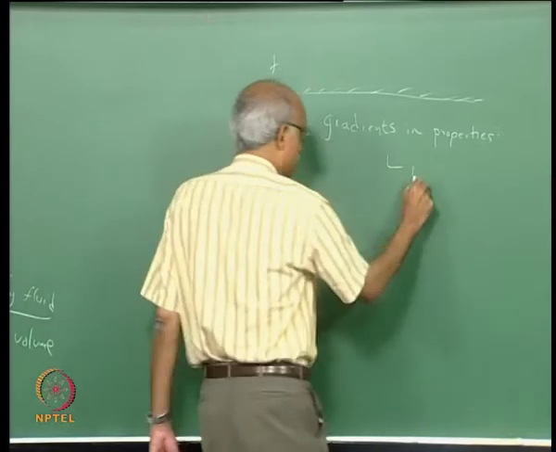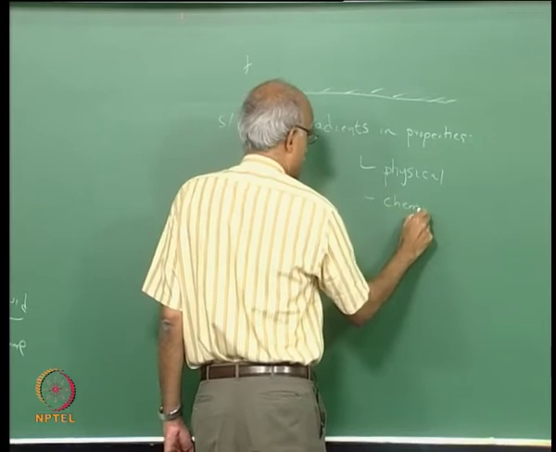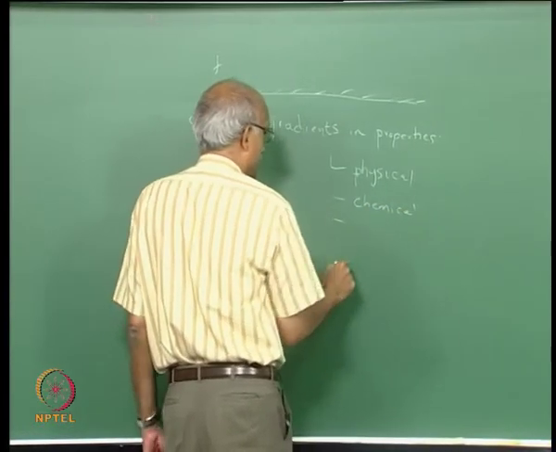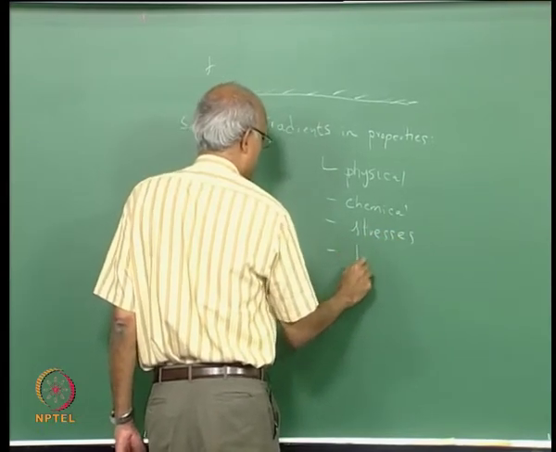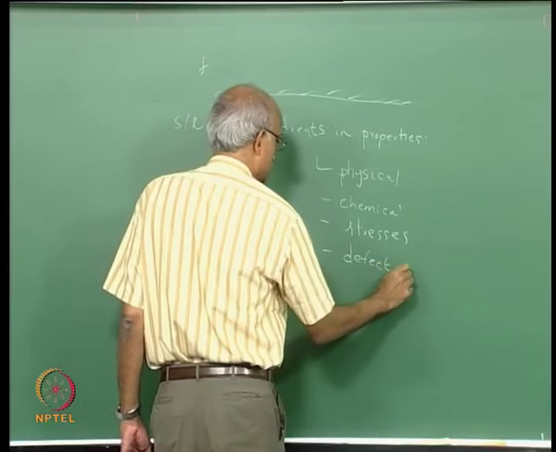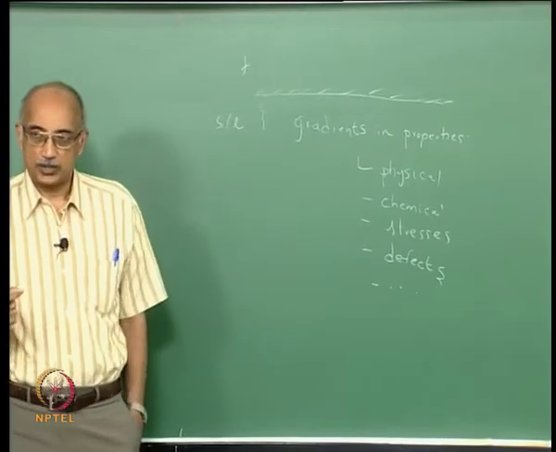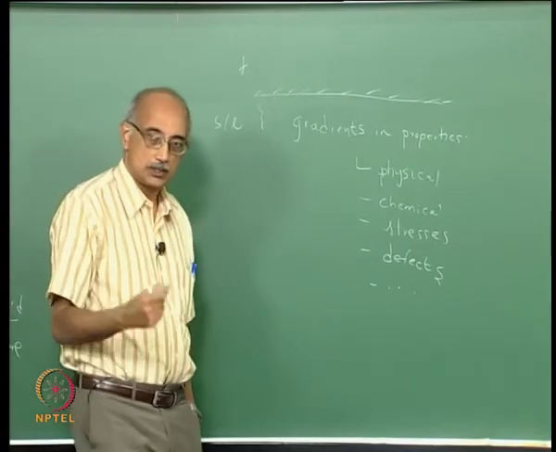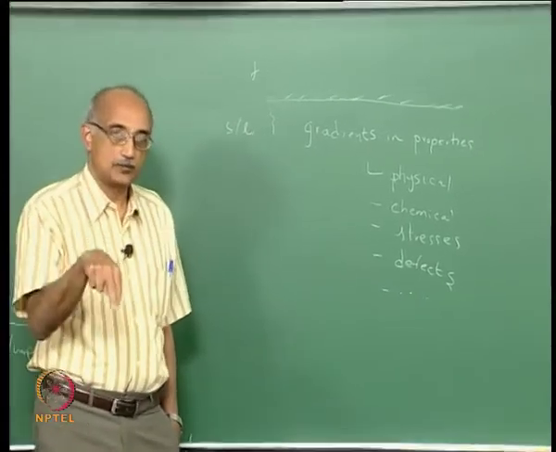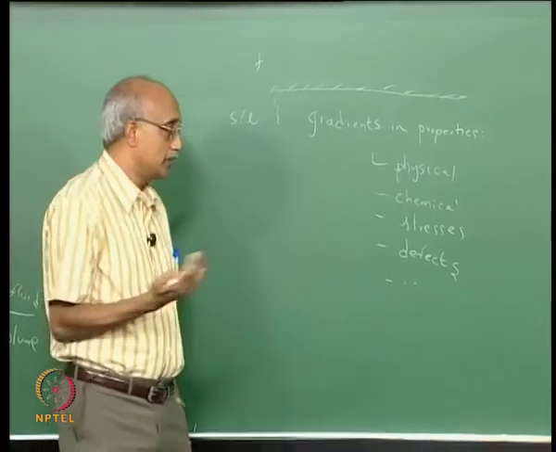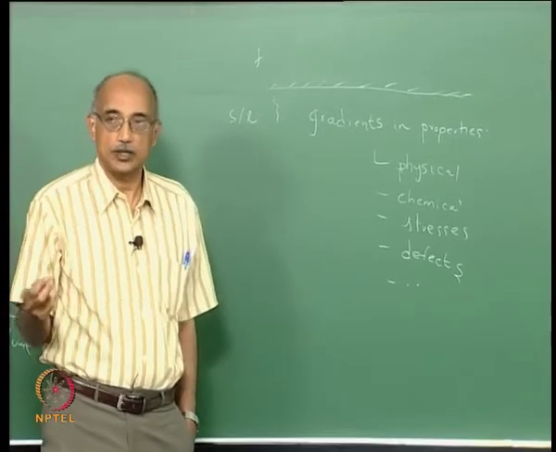Physical properties, chemical properties such as composition, stresses, defects, etc. Virtually any parameter that you use to characterize a surface will show a gradient as you penetrate further into the particle, and that is immaterial of how fine the particle is. You will see this type of gradient behavior even for a nanoparticle.